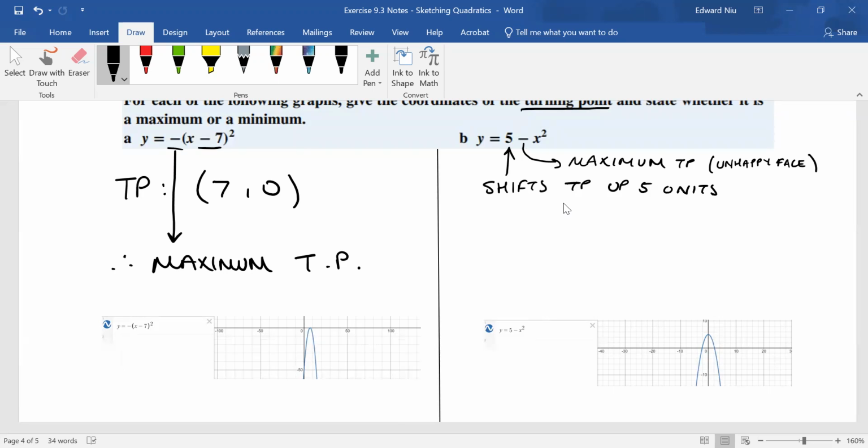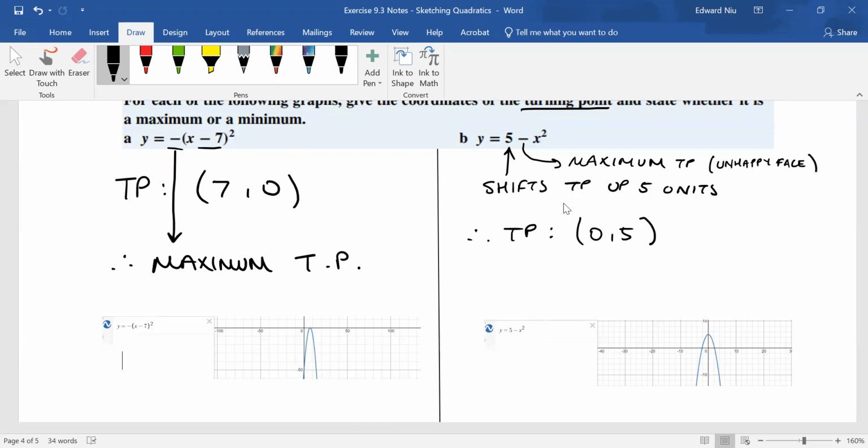Right, so this means our turning point is going to be at 0, 5, because that's our constant. The constant always tells us, in the generic ax squared plus bx plus c form, where we are on the y-intercept. It's going to change a little bit later on when we get more complicated equations.